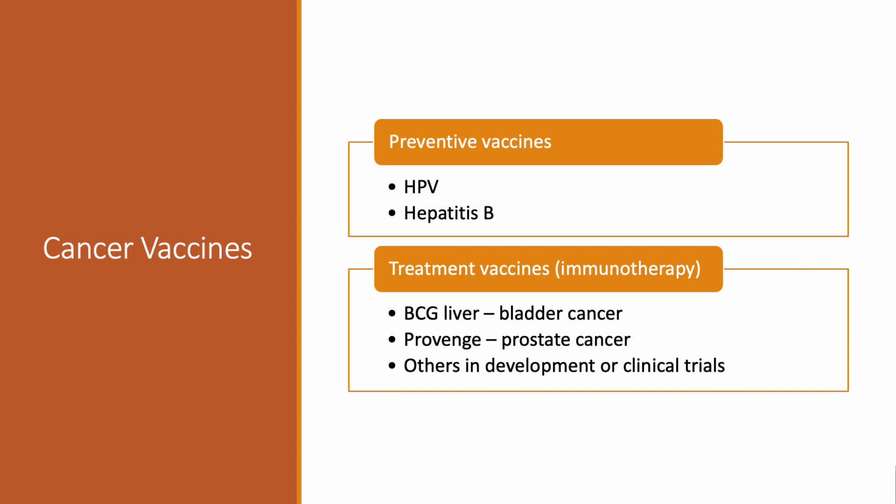We know that mostly because of when the vaccine came out, that's what it was for. But those same high-risk HPV types are also associated with head and neck cancers and colorectal cancers. So we know that the vaccine can offer some preventive protection, but the vaccine is also being looked at to see if it can perhaps be used in the treatment of those kinds of cancers.